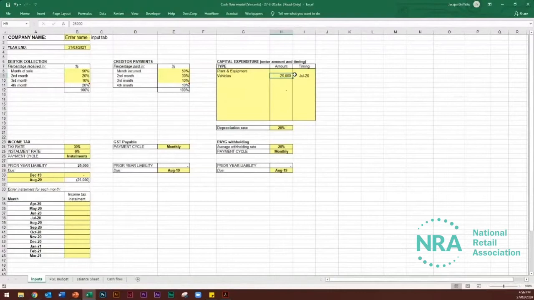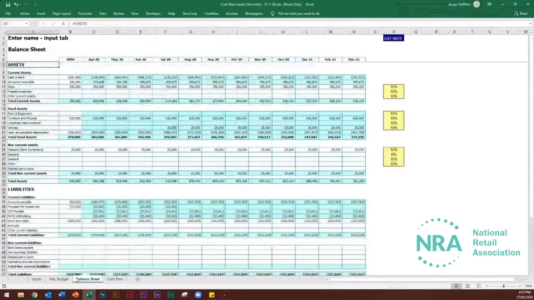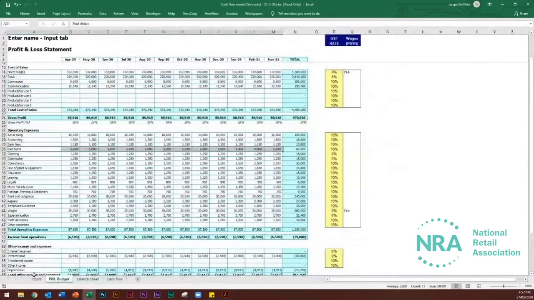And also, if it's a significant purchase, so I've got a vehicle saying I'm going to need that in July, the cash flow model will also show the purchase including GST, and it'll build the GST you can claim back into the claim. So the more significant, that becomes a more significant element of your budget cash flow.